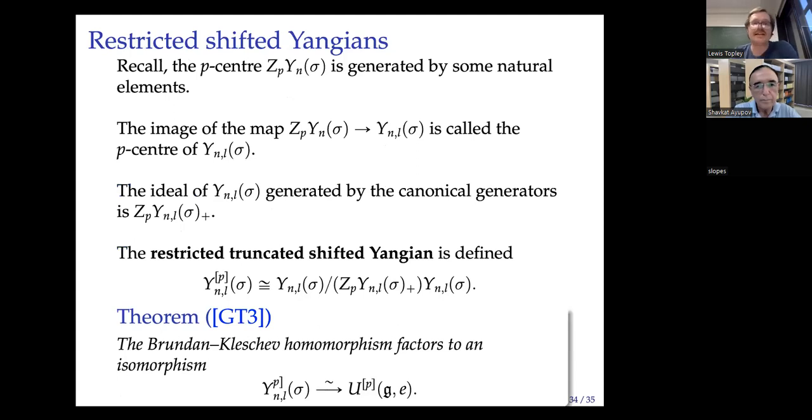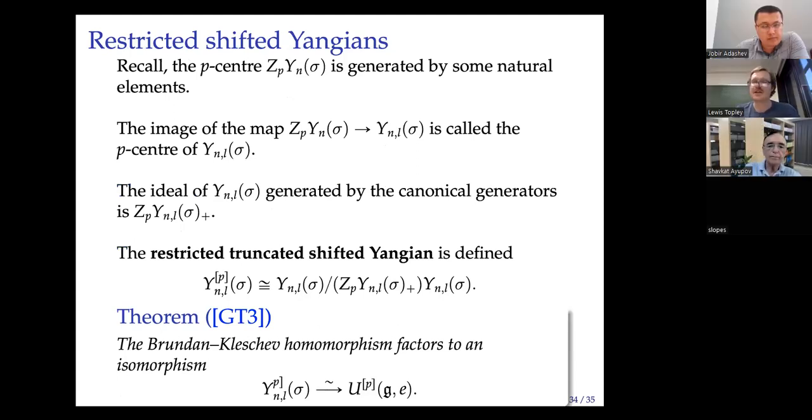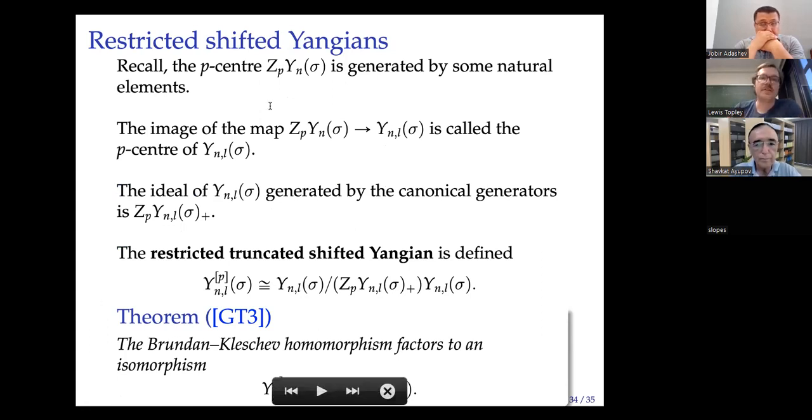And then finally, in this last piece of work, which I'll mention, a paper with Simon Goodwin again, published, I think, in 2021. Well, we know that the p-center of this Yangian is generated by some nice elements. We can project them down to this truncated Yangian.